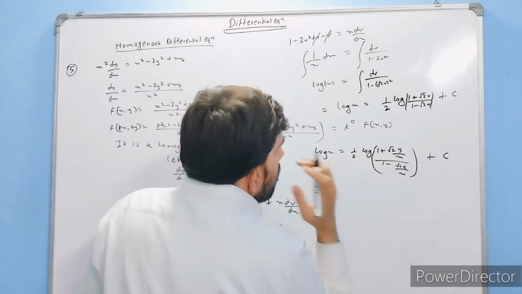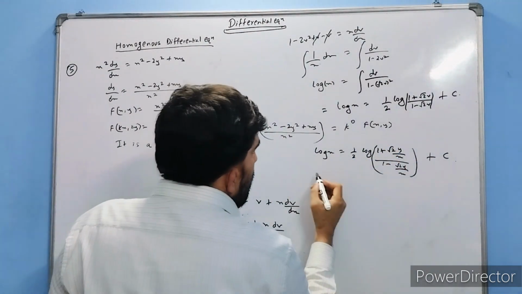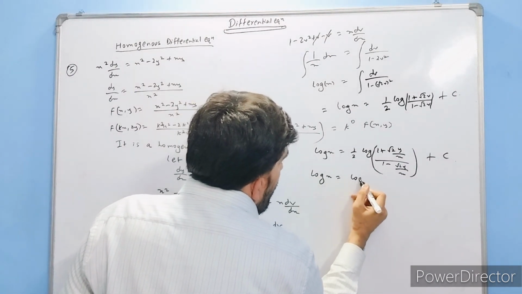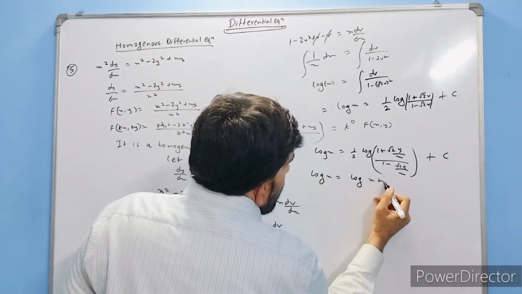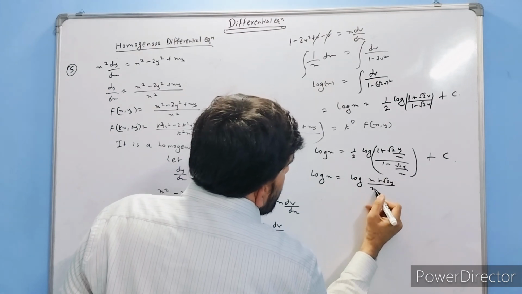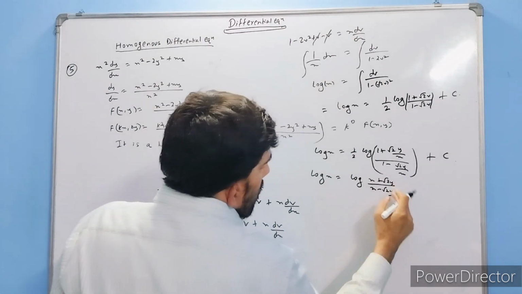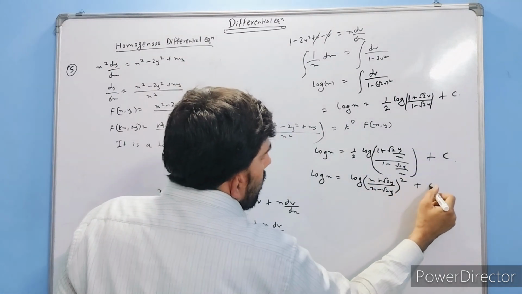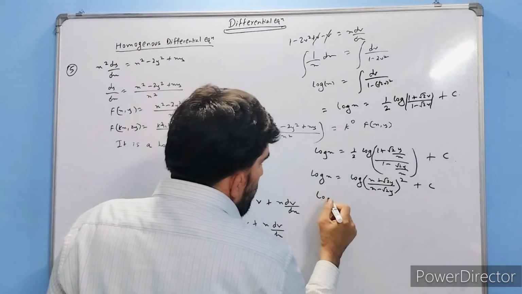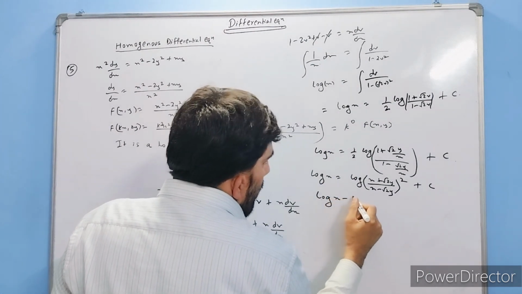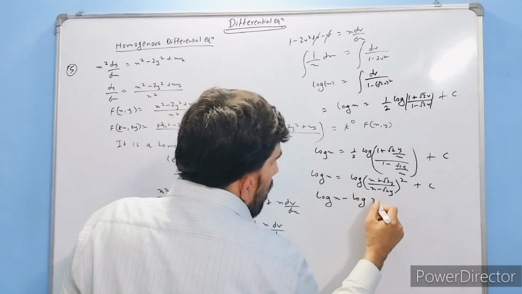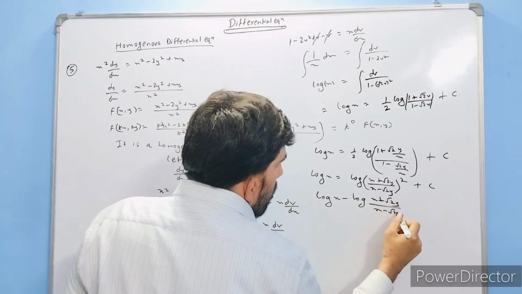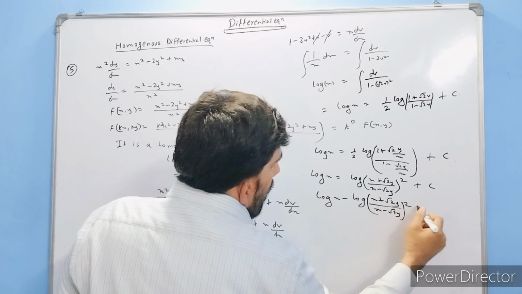Now we take the square: log x minus log of (x plus root 2 y) upon (x minus root 2 y) whole square is equal to c, because the x upon x is eliminated.